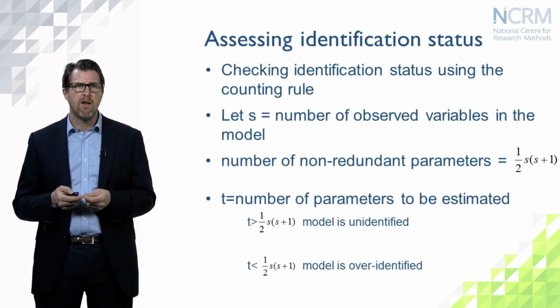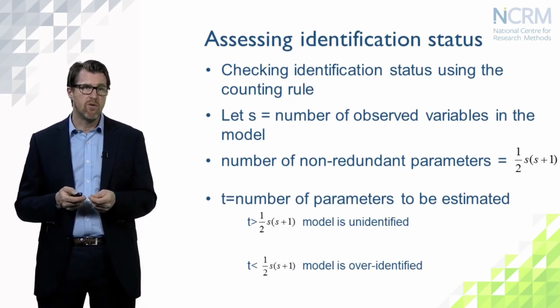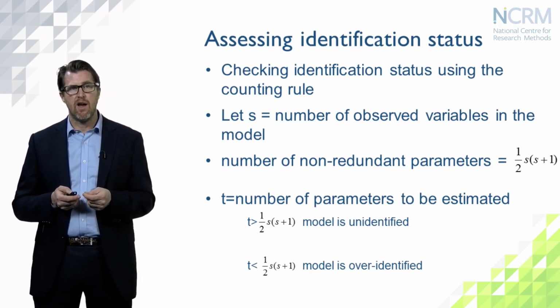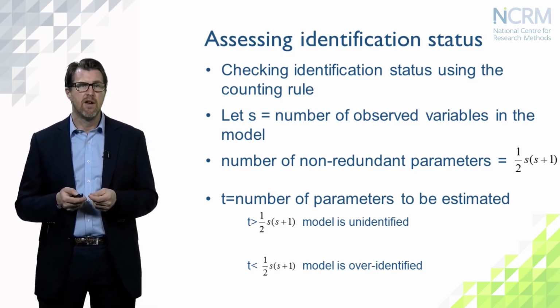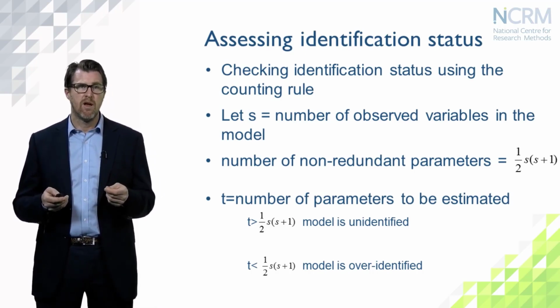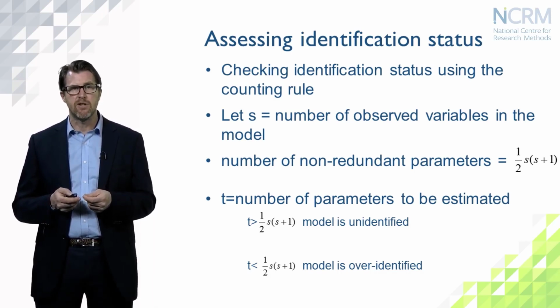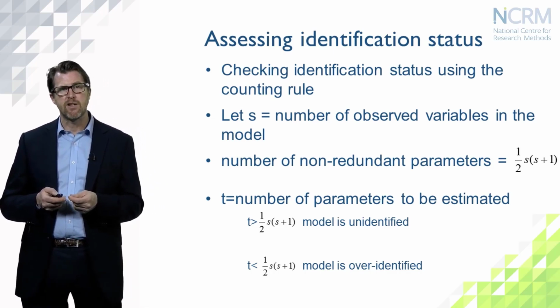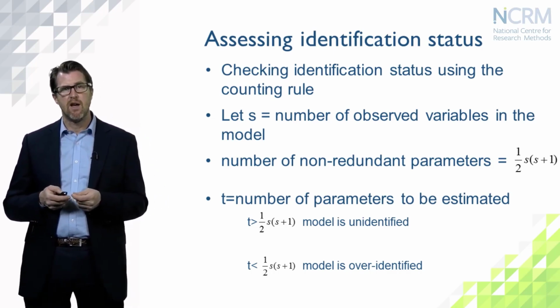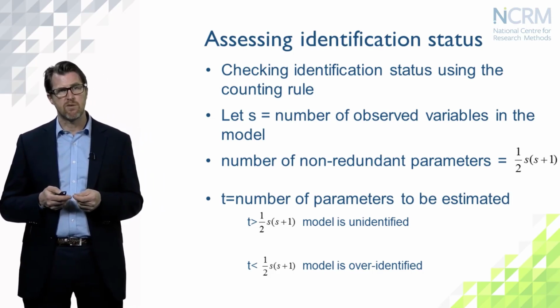So here's the accounting rule that can be used, where S is the number of observed variables in the model, and the number of non-redundant parameters is given by this equation, which is a half of S times S plus 1.